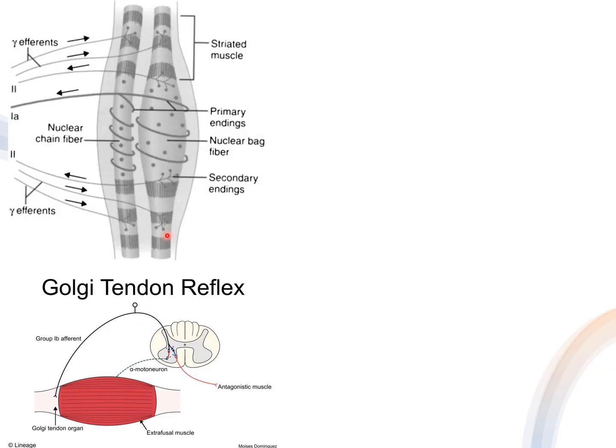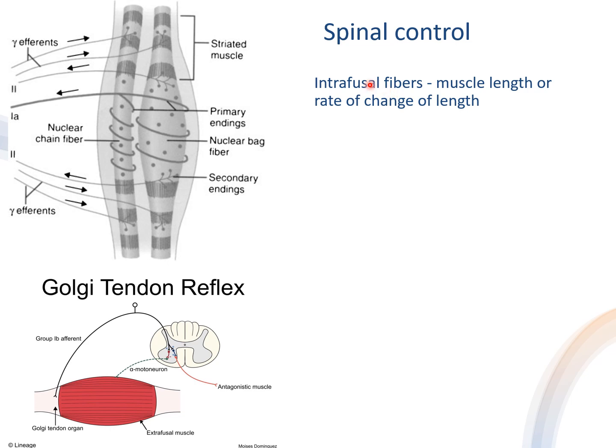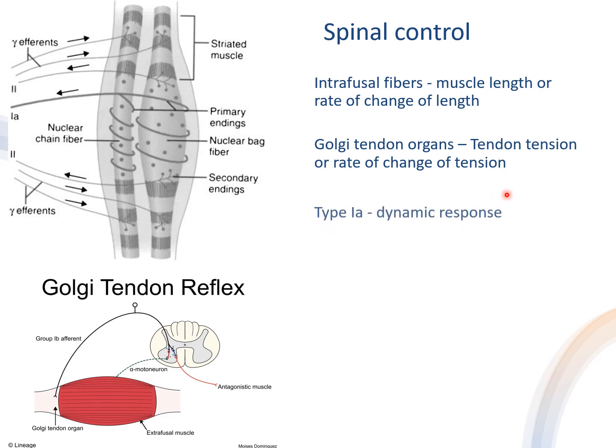Let us see the basic neuroanatomy of muscle spindles and Golgi tendon apparatus. So muscle spindles are nothing but the intrafusal fibers. They help in sensing the muscle length or rate of change of length. Whereas Golgi tendon organs are located in the tendons and they help in sensing tendon tension or rate of change of the tension.